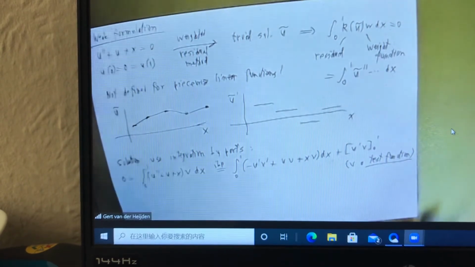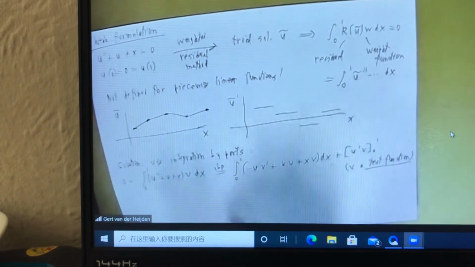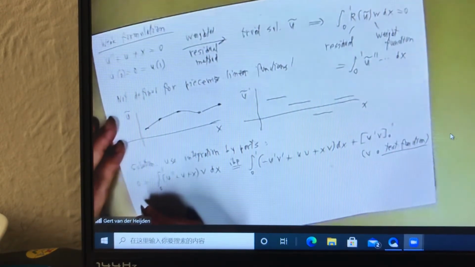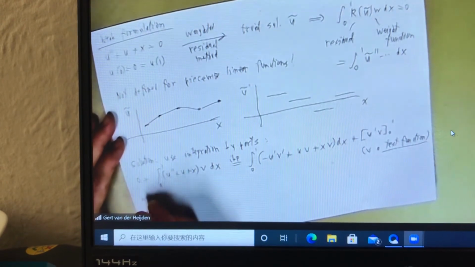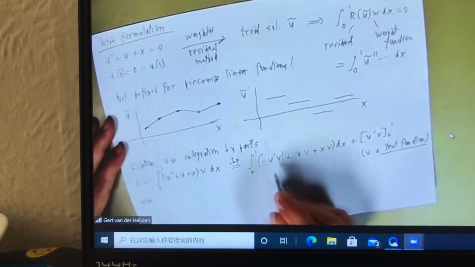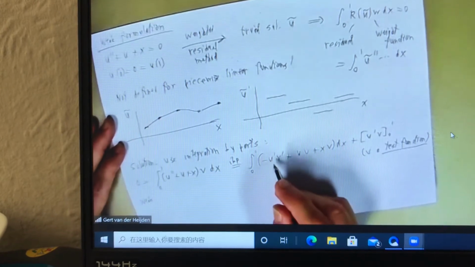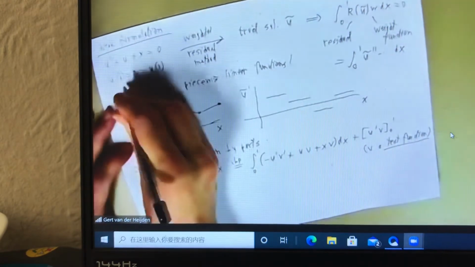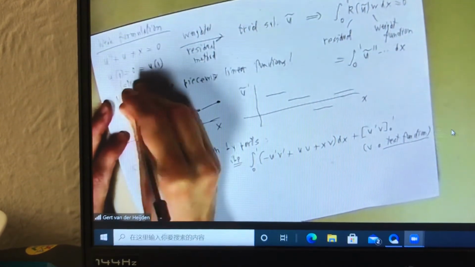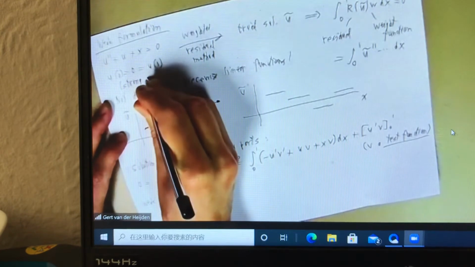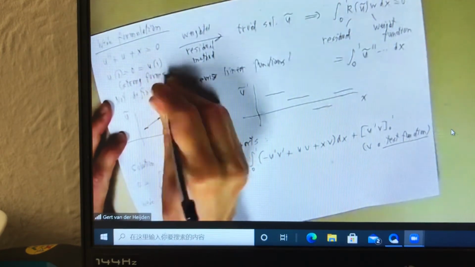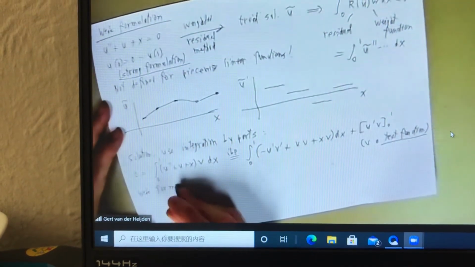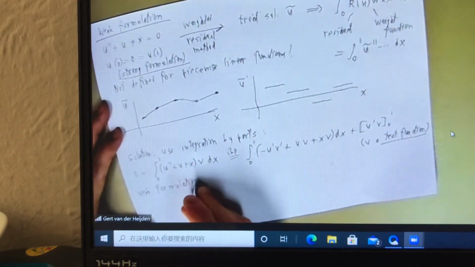So if this was true for all v or for sufficiently many, then you would have equivalence, and then you get what is called the weak formulation. Weak because it requires only a first derivative of the function. So here's the weak formulation, and this, by contrast, is called the strong formulation, the BVP, boundary value problem.